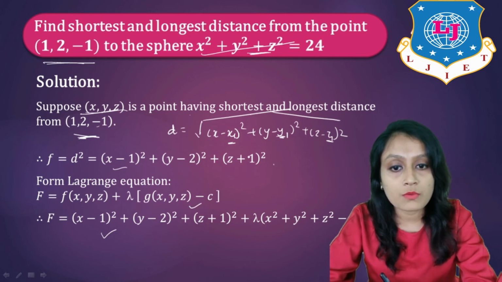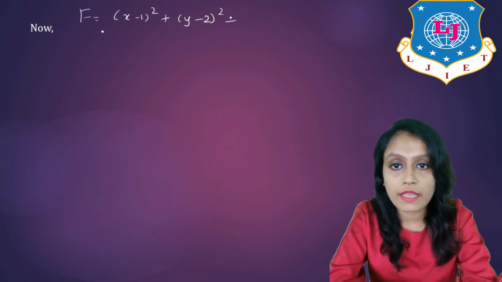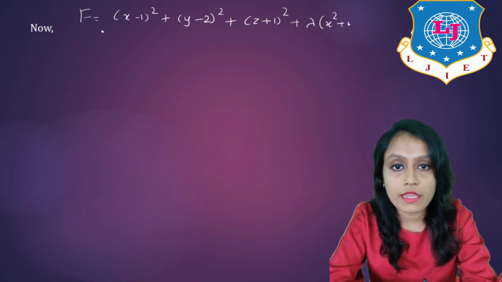Constraint is x square plus y square plus z square minus 24. Now F is equal to (x minus 1) whole square plus (y minus 2) whole square plus (z plus 1) whole square plus lambda times (x square plus y square plus z square minus 24).